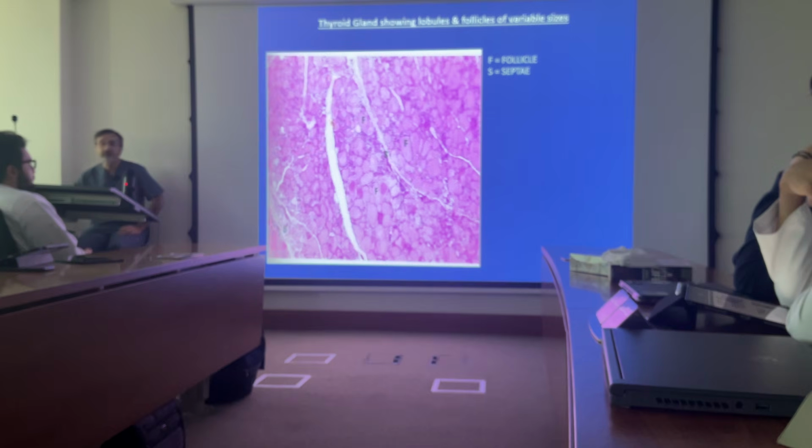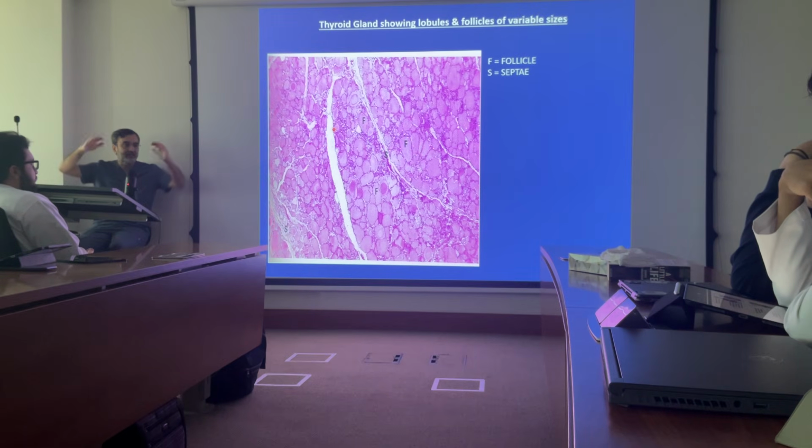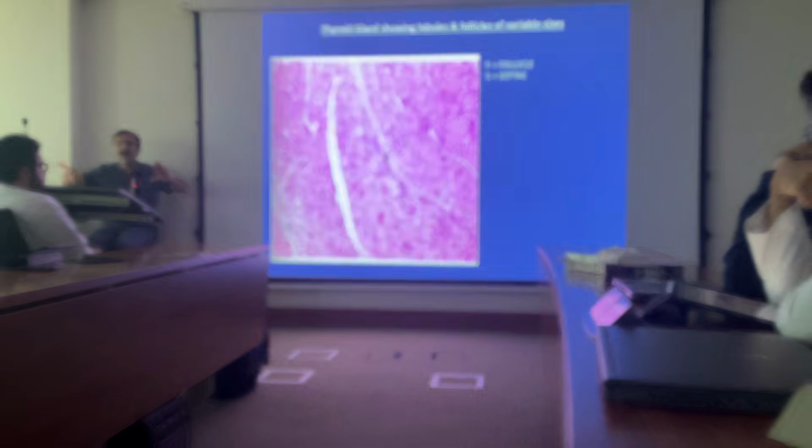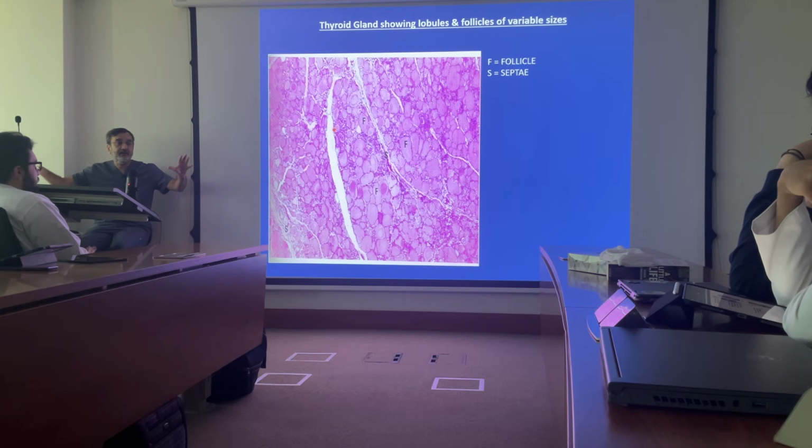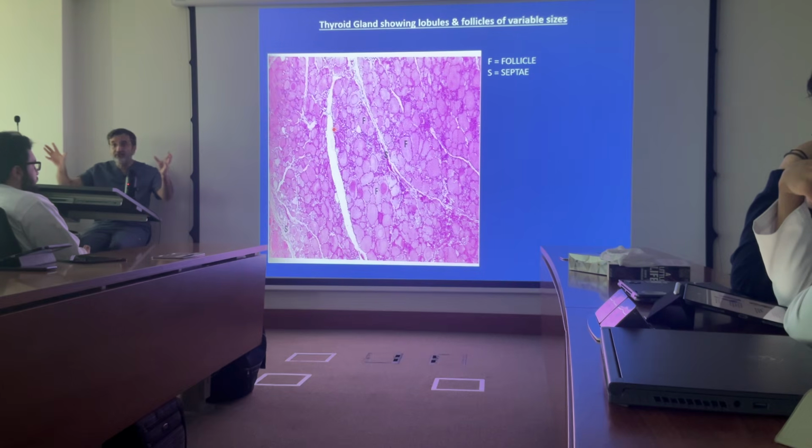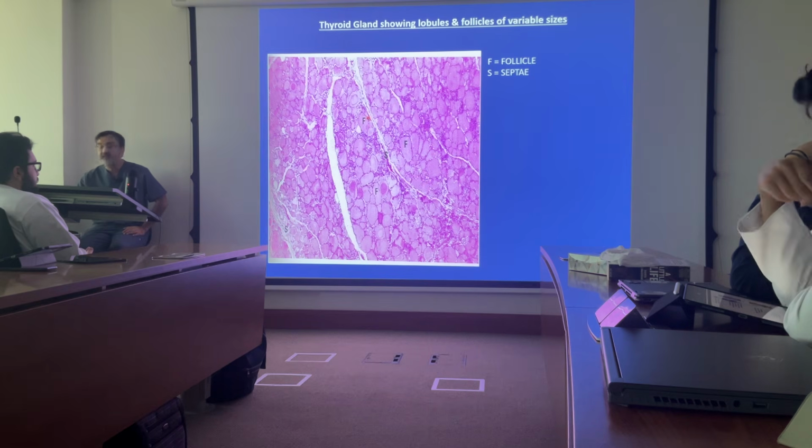These are the connective tissue septas which are being sent from the capsule to divide the whole gland into small lobules, and within the lobules you are going to see these follicles. Can you see these?